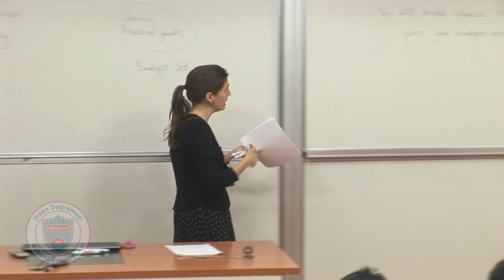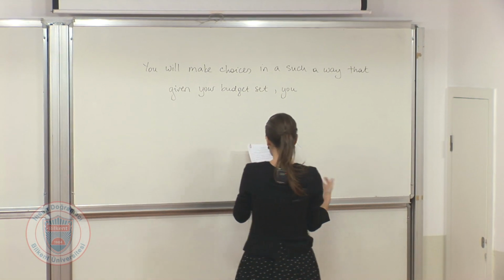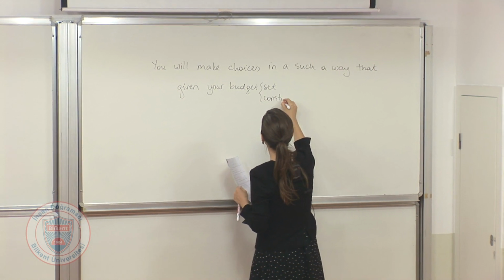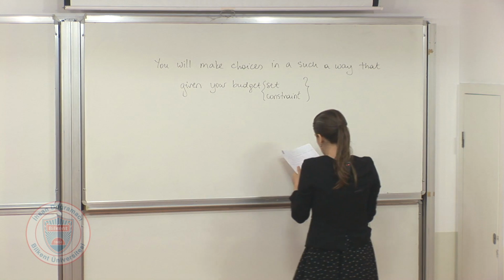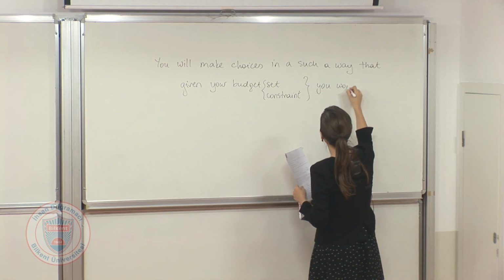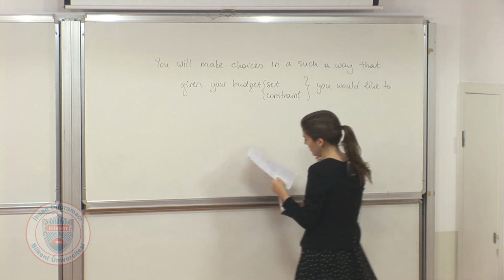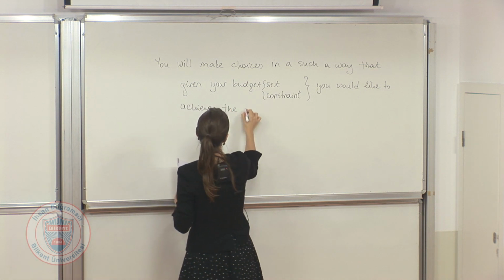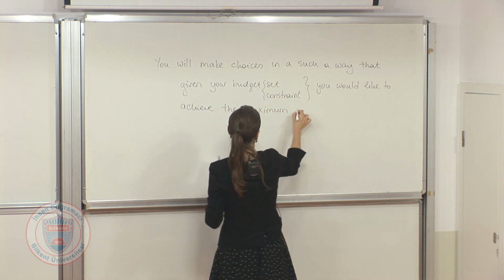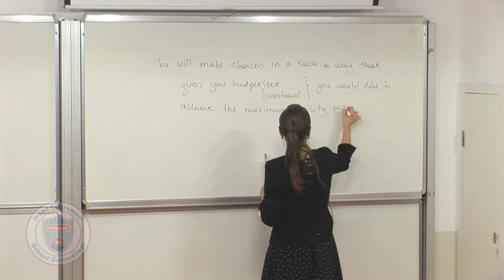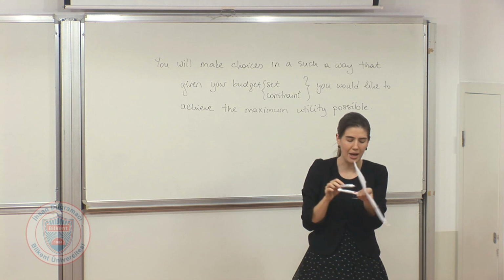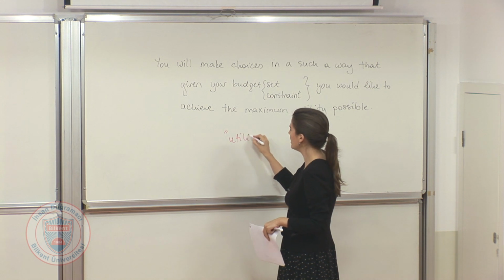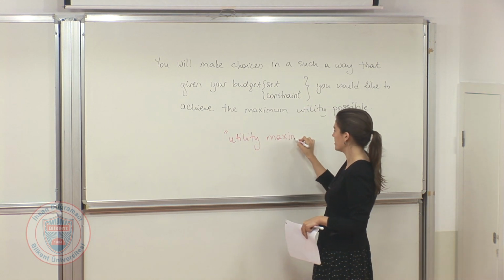You will make choices in such a way that, given your budget set or budget constraint, and we can use these interchangeably, you would like to achieve the maximum utility possible. In very short terms, you guys are utility maximizers.